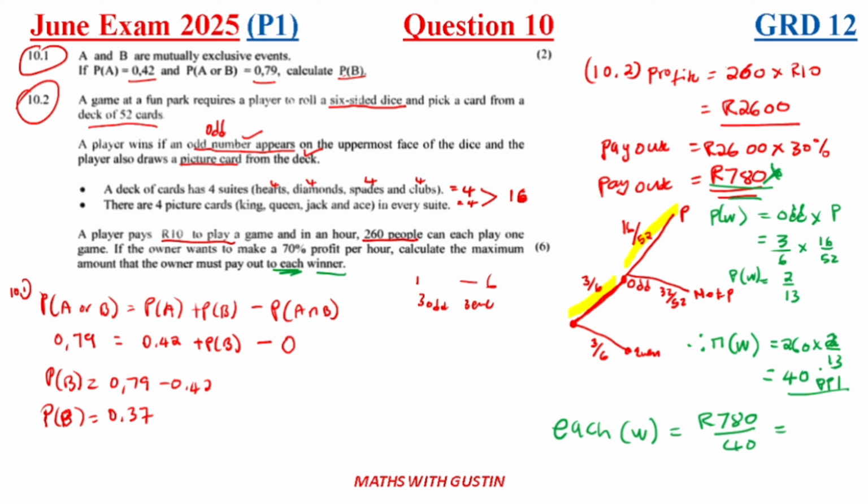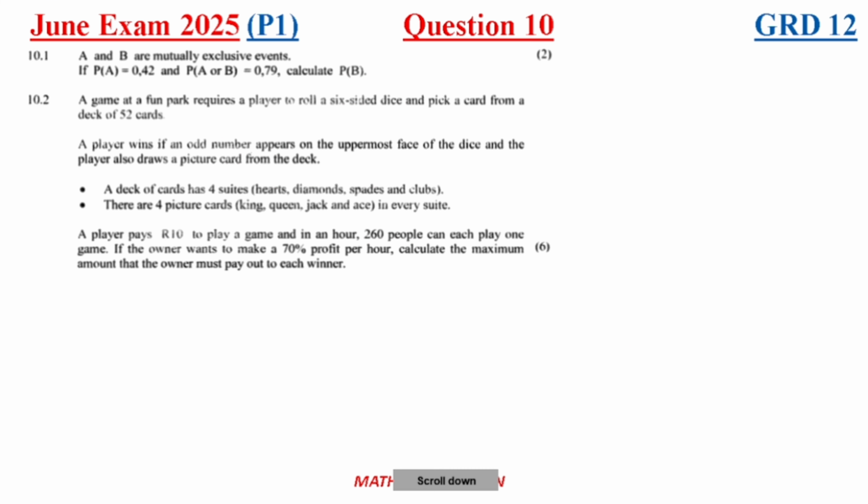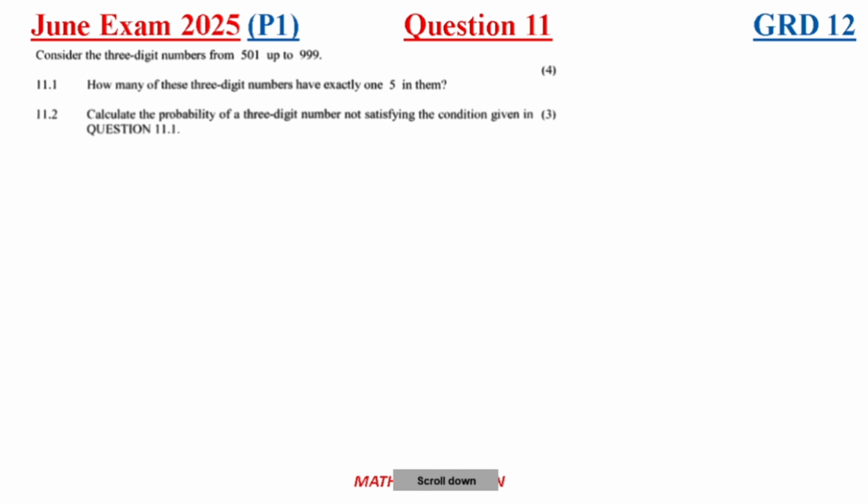So the owner needs to give each player 19 rands and 50 cents. Right, and that's how you tackle a question like this one. I hope you guys were really following. Let's move right along to question 11.